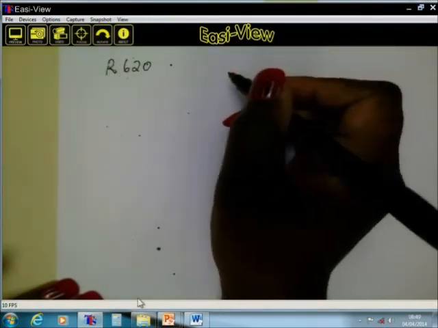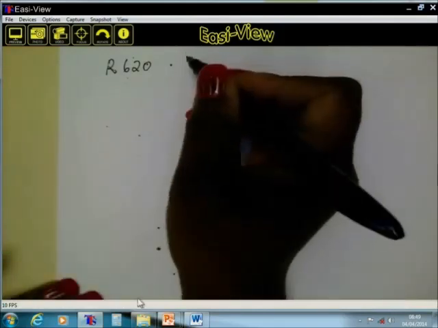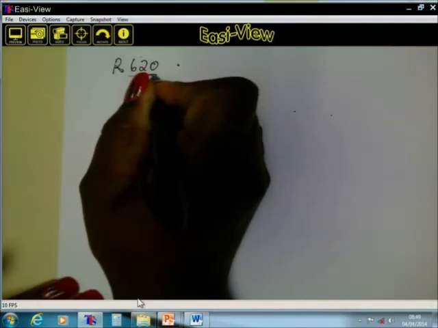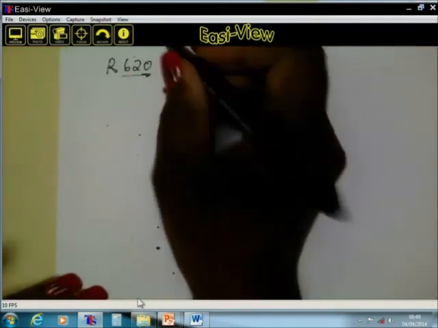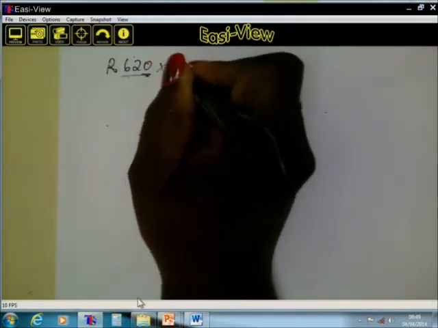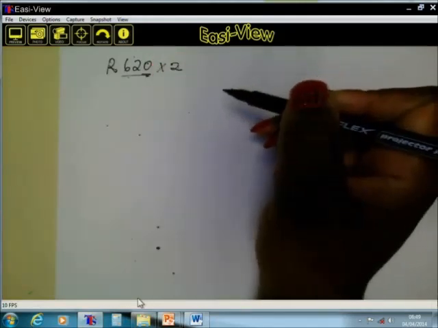Right. We have 620 for adults. That will be the fare. But remember, the question said for the return trip. And this 620 was only meant for the single trip. So in other words, what do we do now? We multiply by 2.